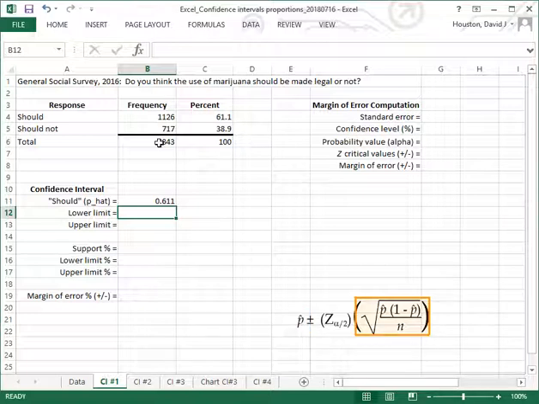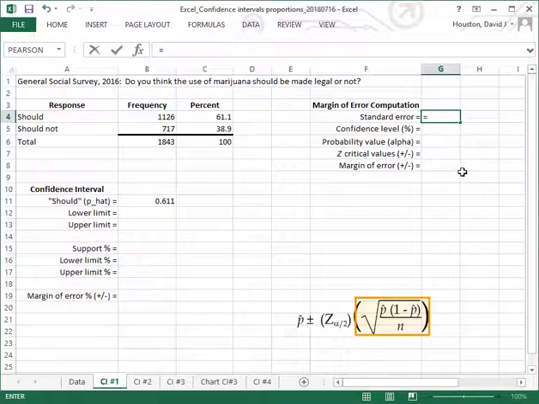Now our next step in this process will be to compute the standard error. For a binomial response variable such as this, as I indicated on the slide before this, we take the proportion of responses, always in proportion, offering should, multiply that by 1 minus that number, which represents the proportion that do not offer should.